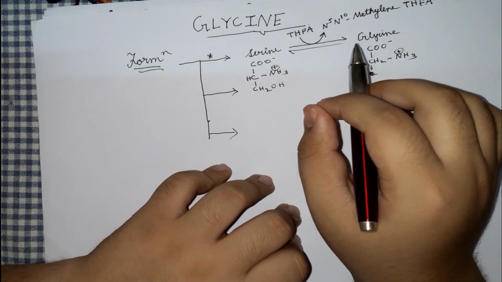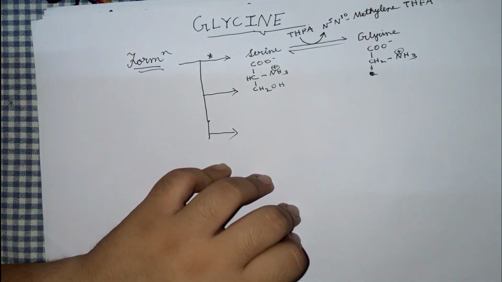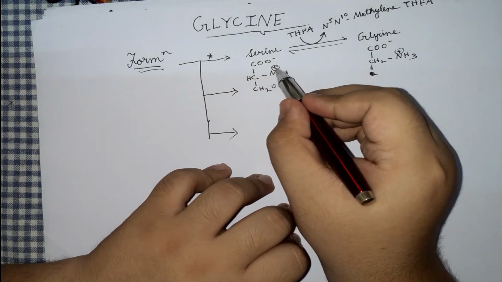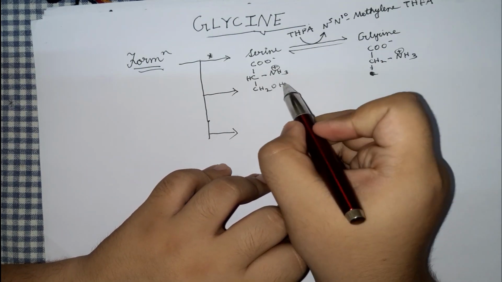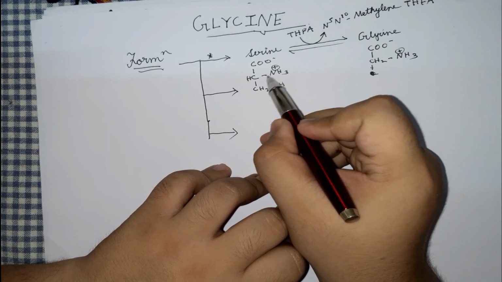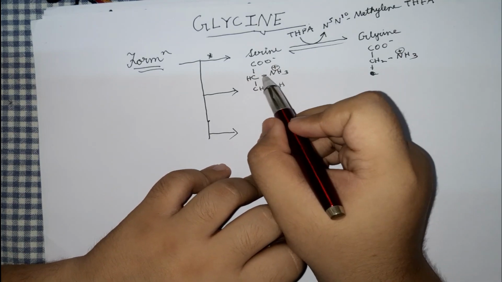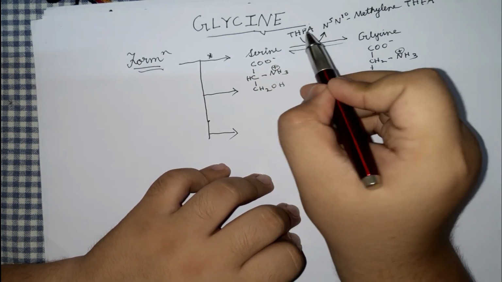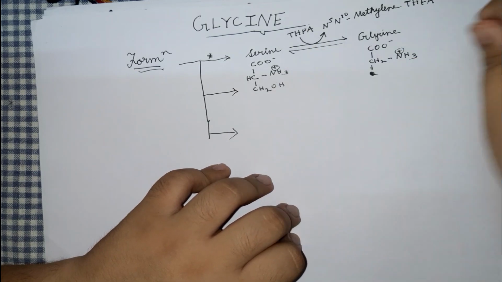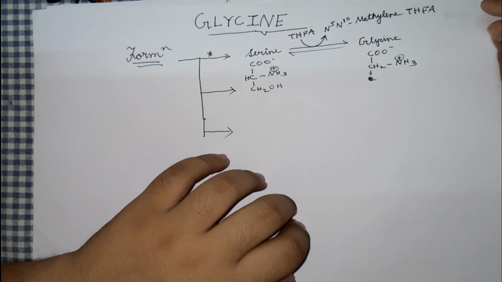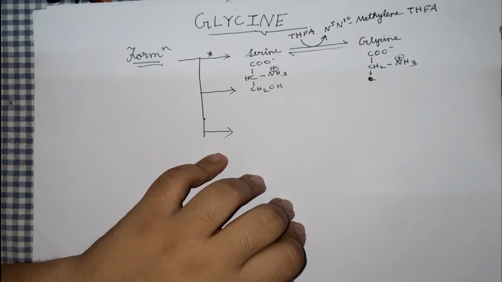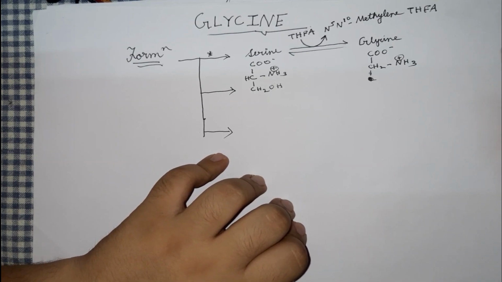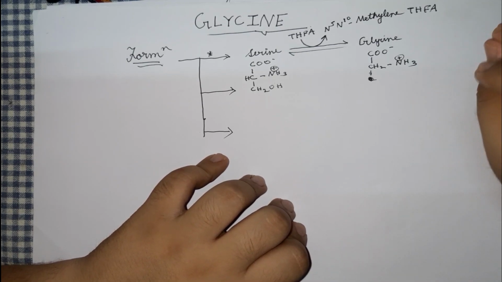What just happened here? Very easy. See, what I told you was you need someone to accept this thing, right? That someone is tetrahydrofolic acid. Tetrahydrofolic acid is a very, very crucial molecule as far as 1 carbon metabolism is concerned.